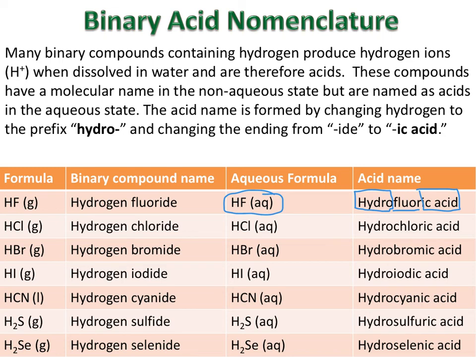All of these are binary in nature except for one, and that is HCN. It is a polyatomic, but it's put in here because CN minus has the name of cyanide.